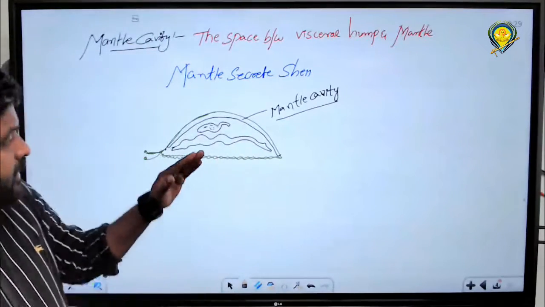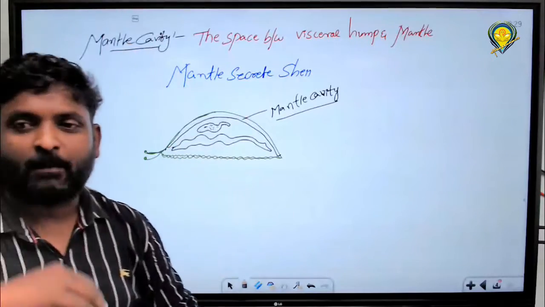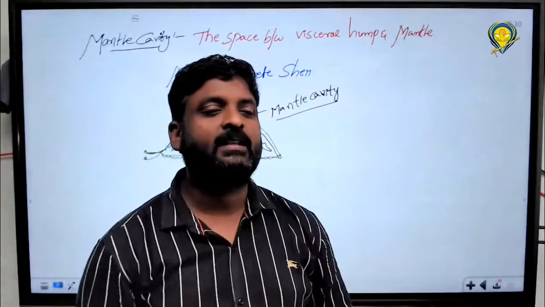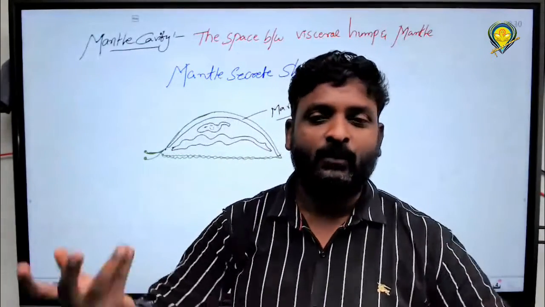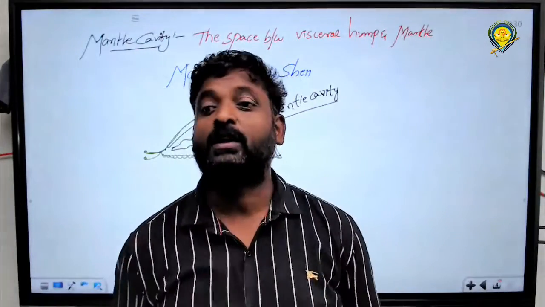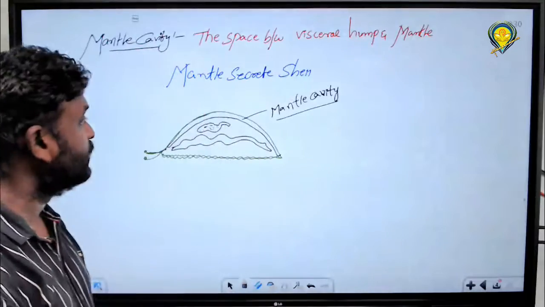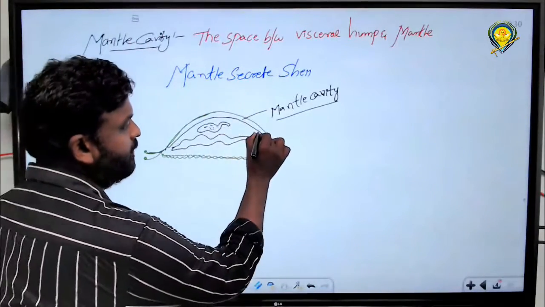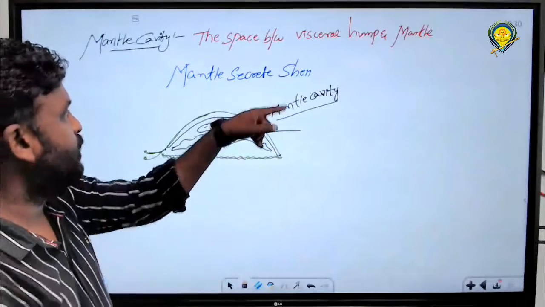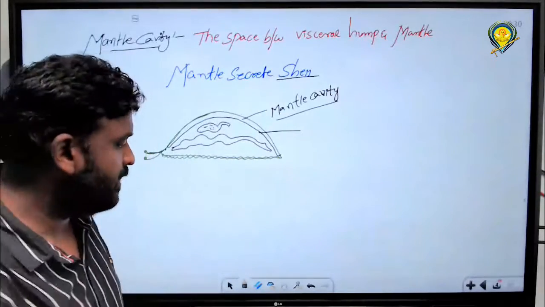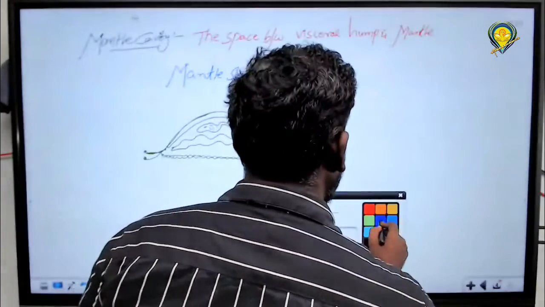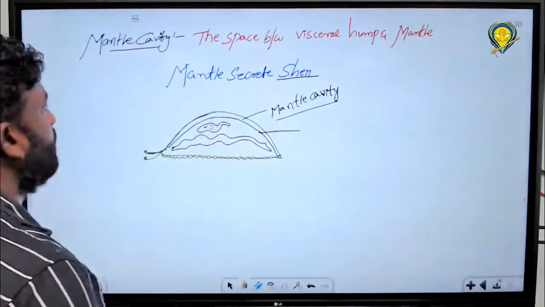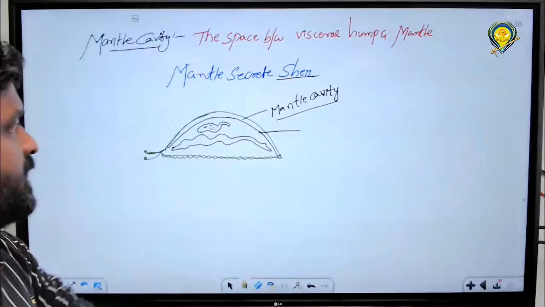This is the visceral hump. Have you ever seen a camel hump? Even in the case of somebody we can see a hump here. So exactly, this is the mantle. The mantle secretes what? Shell. So that is the function of the mantle, formation of shell.